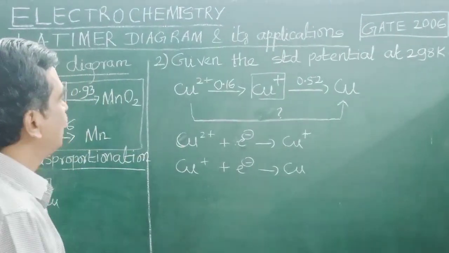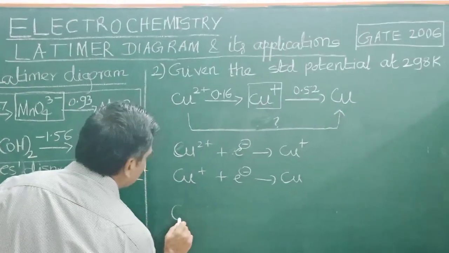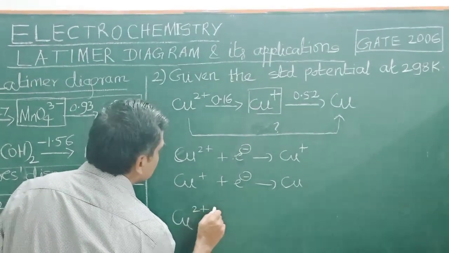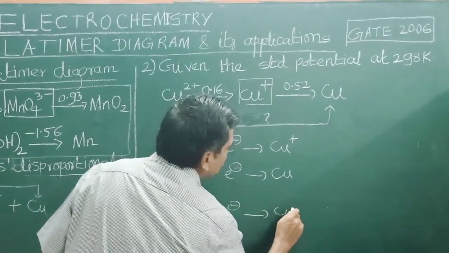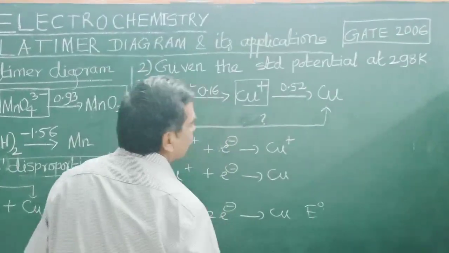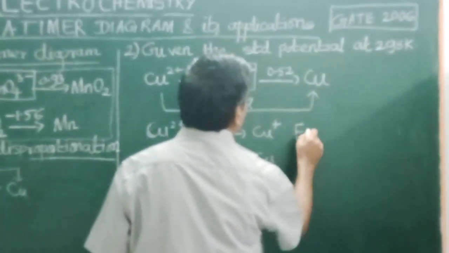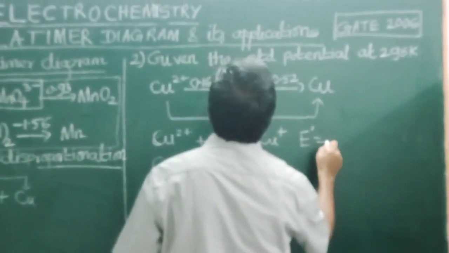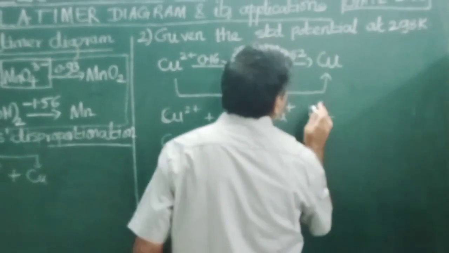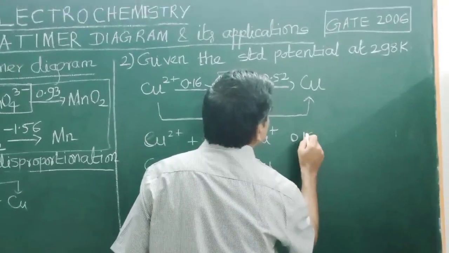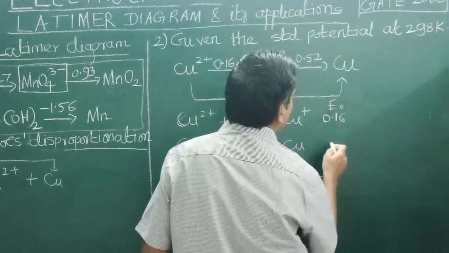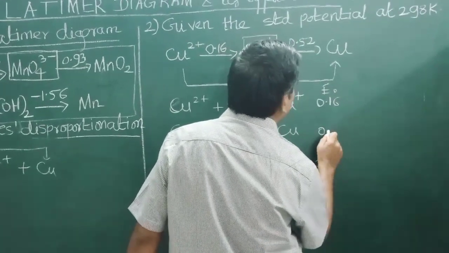Since they have asked the potential for this one, what is the potential for Cu2 plus 2 electrons gives Cu? So what is the standard reduction potential? They have given the standard reduction potential for this equal to 0.16, and this is 0.52.